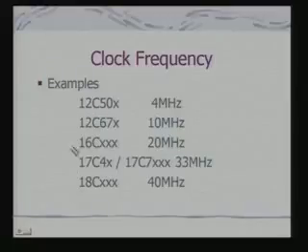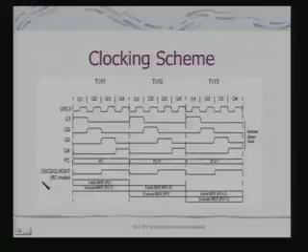These are some families of processors, and these are the clock frequencies with which they operate. Here we will see that this is my oscillator clock, the basic clock which is coming in. If I say a 4 megahertz clock input, that means essentially I have a clock whose frequency is 4 megahertz.